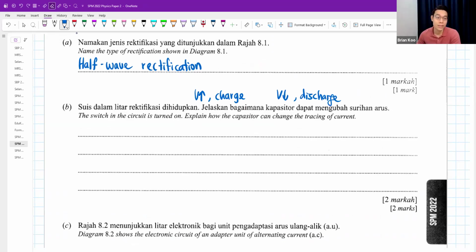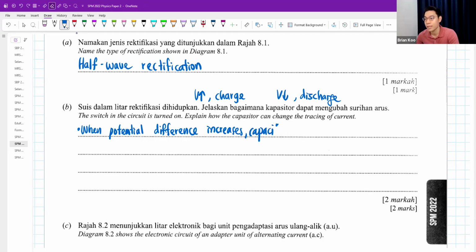You get 2 marks. When potential difference increases, capacitor charges.